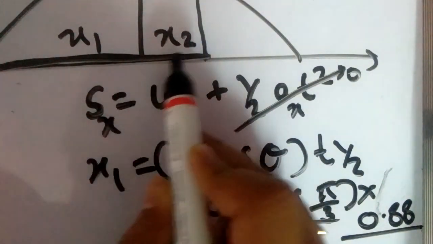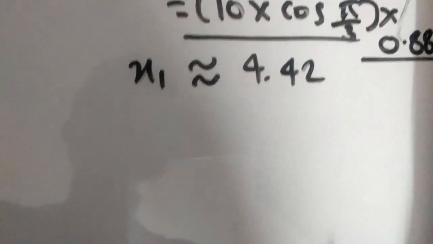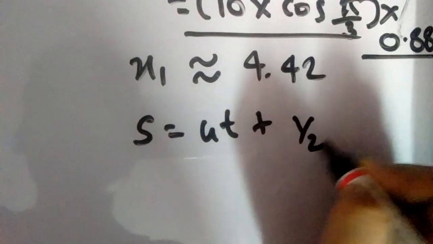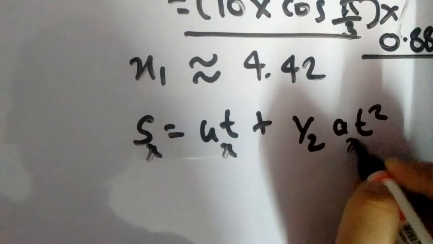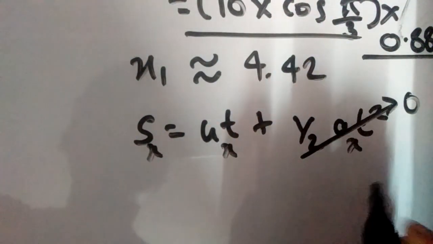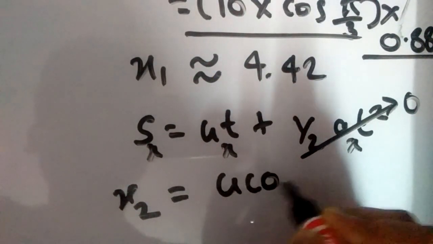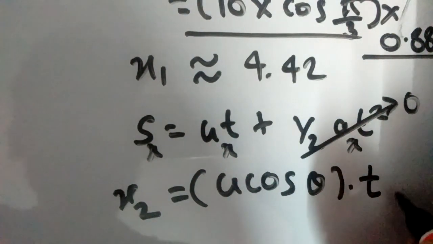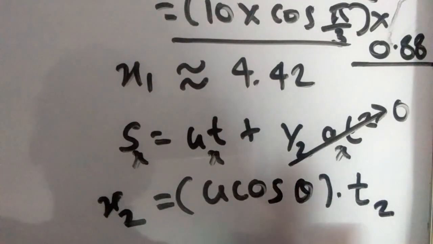Now the next task is to find x2. To find x2 I will again use the same formula, s equal to ut plus half at square, again x and x. Now again ax is 0, so this term will be 0. So x2 equal to ux, again u cos theta, times t2, because the distance is x2, so the corresponding time is t2.